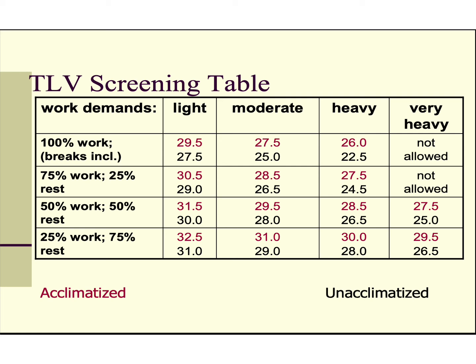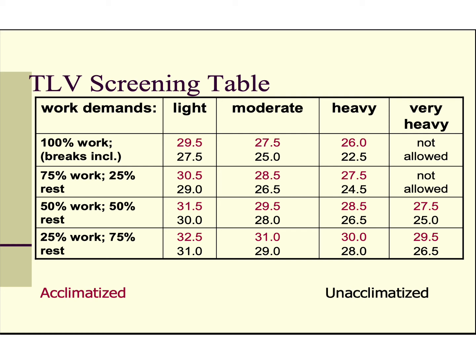So for example, if a person is doing heavy work, and the kind of work will be defined later, and the temperature is 27.5 degrees C, then there should be no more than 75% work and 25% rest. If the temperature goes up by 1 degree and the person's doing heavy work, so now we're at 28.5 degrees C, and we're talking about acclimated workers, then the workload changes to 50% work and 50% rest, and so on.